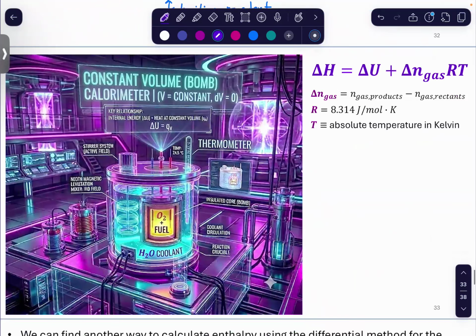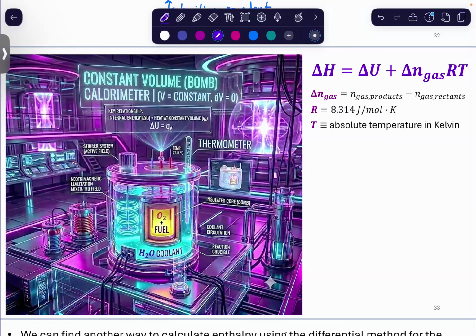Okay, so constant volume. We have some new equations for delta H. So here's one equation. Delta H is the change in the internal energy of the system plus the change in the moles of your gas times RT.